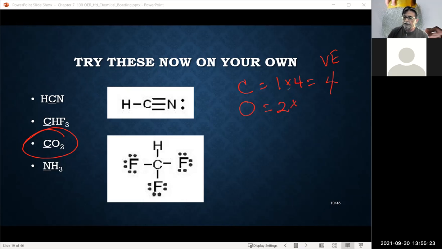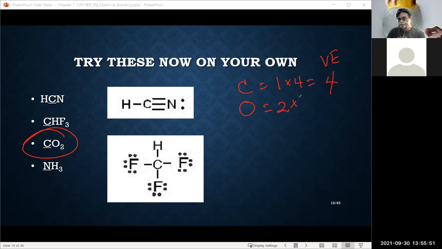Now, how many valence electrons does each oxygen bring to the table here? 6.